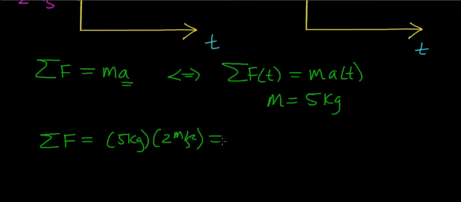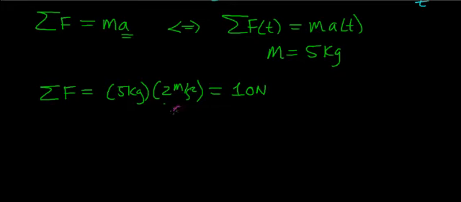So in this case, since my acceleration is constant, my force will be constant. In this case, 5 kilograms times 2 meters per second squared would be a force of 10 newtons. So what I should see is that since my acceleration is constant, my force will also be constant in time.